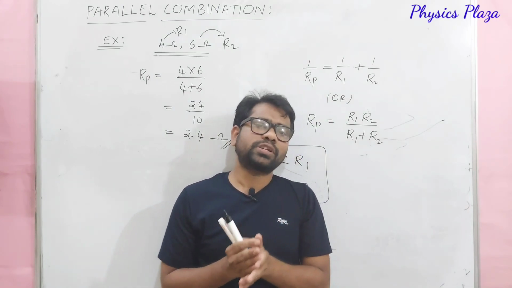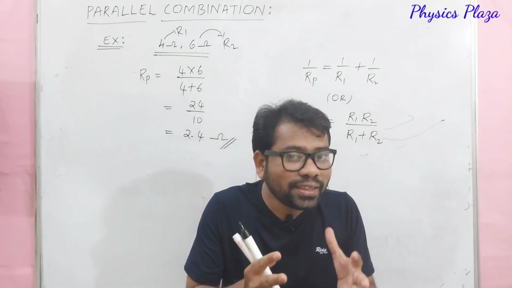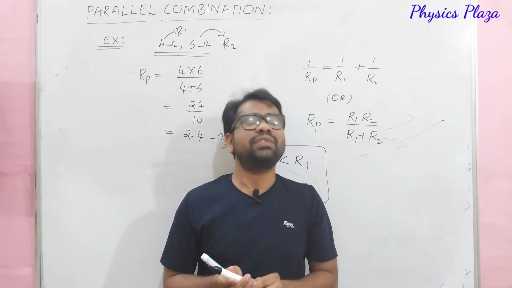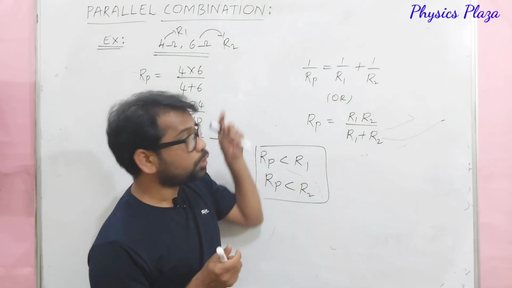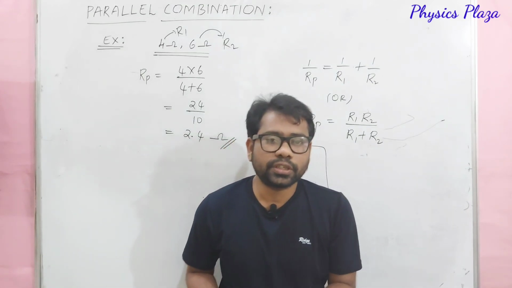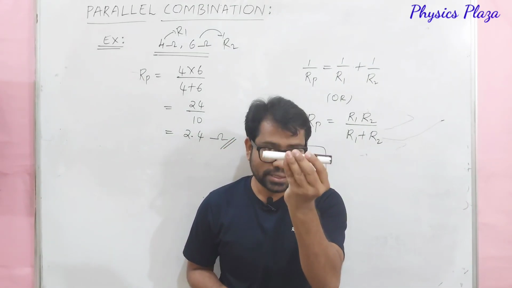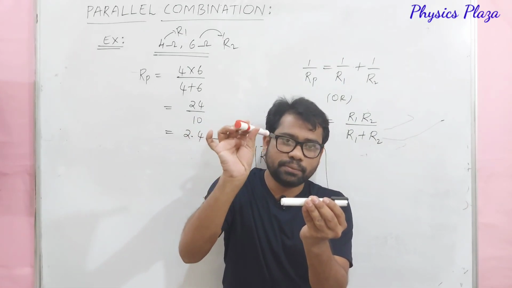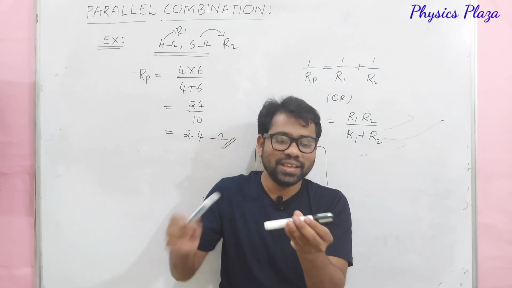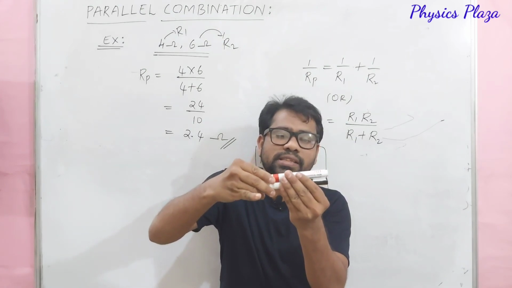So now one question arises in our mind. Why is the resultant resistance decreasing? It's very, very important. So children, we are discussing a parallel combination, right? Let us suppose here is one resistor of length L, and here is another of the same length. Let us say parallel combination.